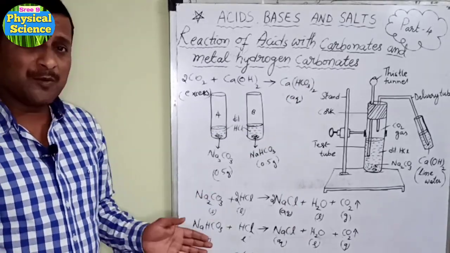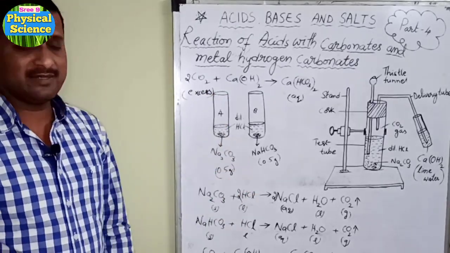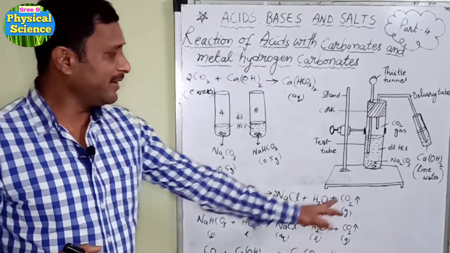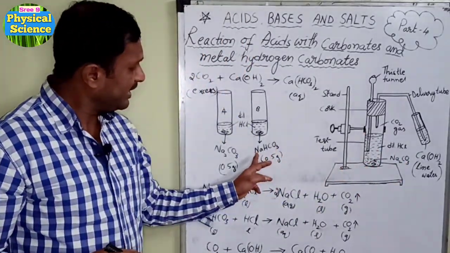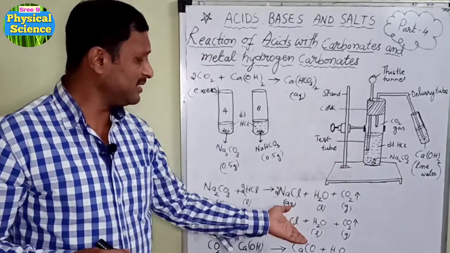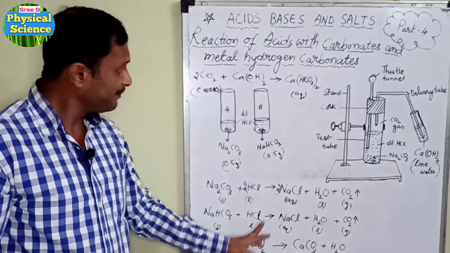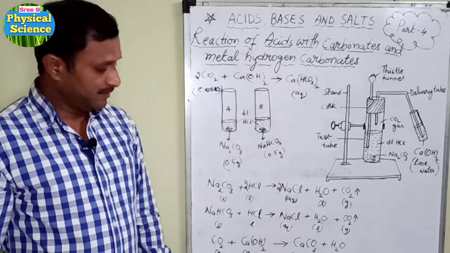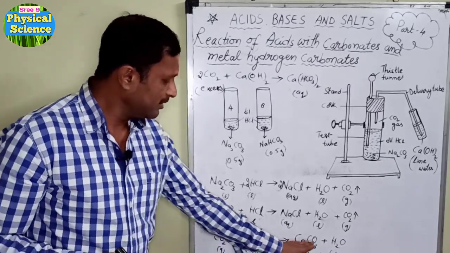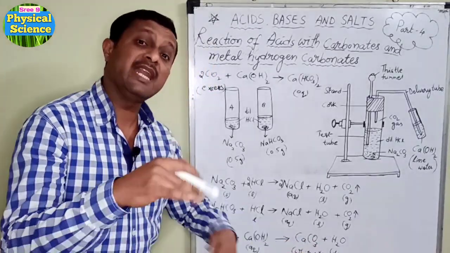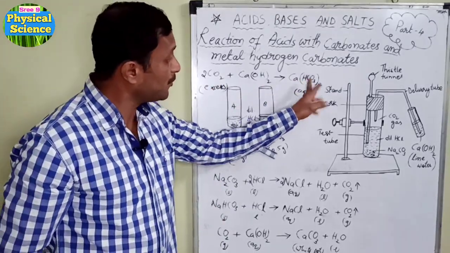So what conclusion can we draw from these two activities? And one thing here, we have taken Na2CO3, isn't it? Instead of this we can take NaHCO3 also. In both of the cases CO2 is produced, hence the same result we can get here and here. Means normally if carbon dioxide is passed into lime water, calcium carbonate is formed, and if excess of carbon dioxide is passed, then calcium hydrogen carbonate is formed.